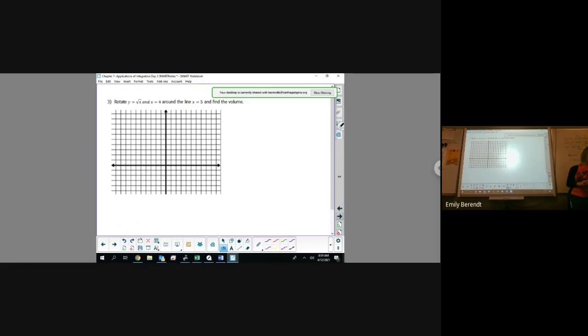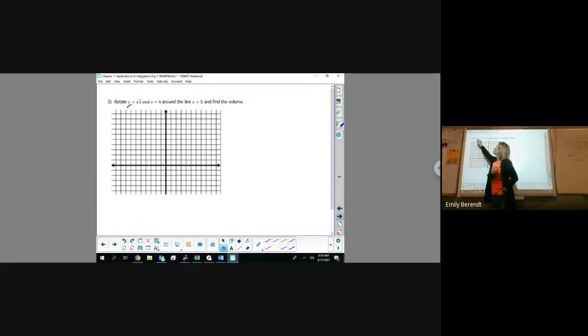All right, rotate y equals the square root of x and x equals 4 around the line x equals 5, and find the volume. So y equals the square root of x will be in blue. X equals 4 is green. We're going to go around the line x equals 5.